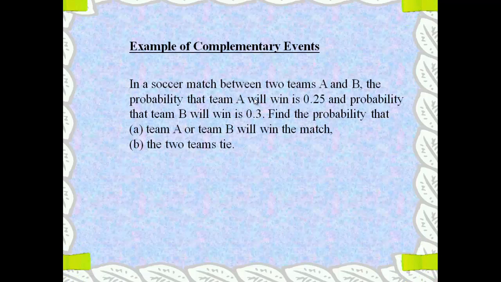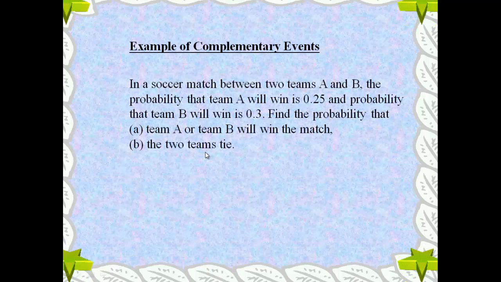Looking at this question, 2 teams A and B play a soccer match. The probability that team A will win is 0.25 and the probability that team B will win is 0.3. These are mutually exclusive in the sense that there's no overlap between them. The probability that team A or team B will win the match is therefore the 2 probabilities added together.